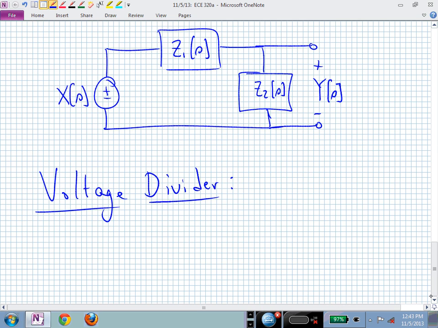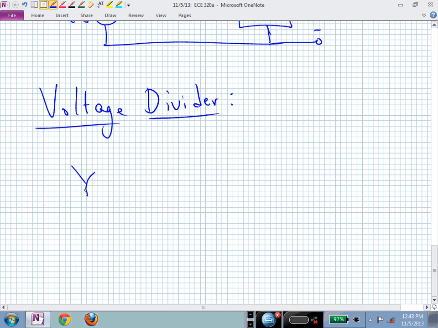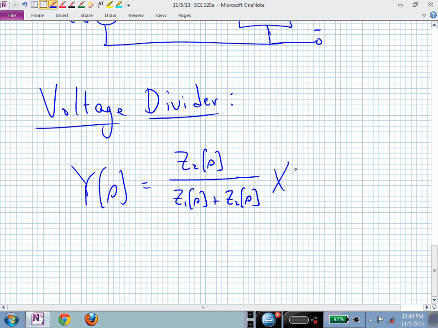If that's the case, in this particular general form, we have the impedance of Z sub 2 divided by the impedance of the series combination of Z sub 1 and Z sub 2, all times the input X of S. And what I've now indicated or enclosed in square brackets is actually an expression for the transfer function, capital H of S.